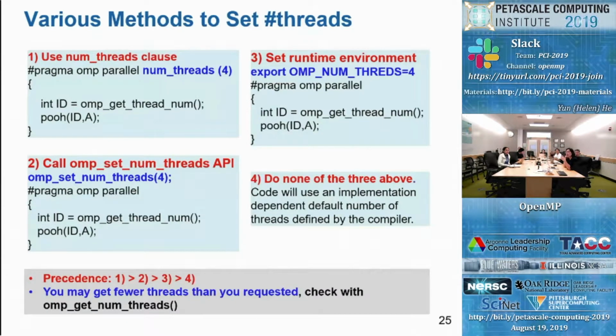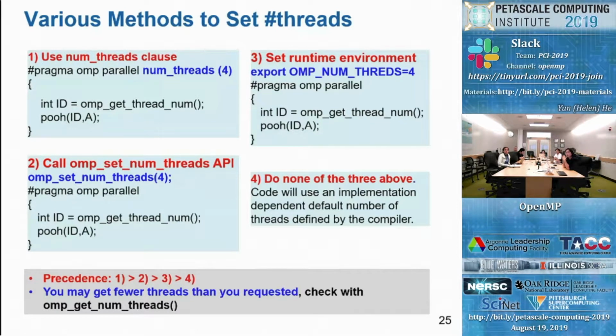Other than that, I'm talking about the ways you can request, and how the compiler will recognize or choose which one. There's a precedence: 1 is over 2, over 3, over 4. Number 4 is you do nothing, you get the compiler default. Number 3 is you set it in your runtime environment, export OMP_NUM_THREADS equals something. Number 2 is if you actually have the API call omp_set_num_threads in your code, then exporting OMP_NUM_THREADS won't change that; it will abide by your API setting.